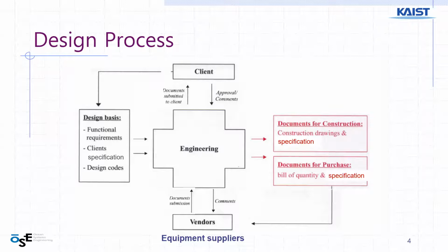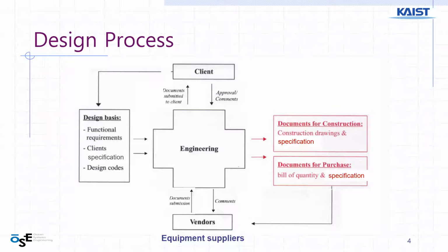So the vendor start to design their own system, something like an engine, propeller, or other items, cranes, or special facilities, pump and other boiler. So that they also produce their design drawings or CAD models to the engineering company of each equipment, because there are so many equipment, including several thousand of them, they should purchase.